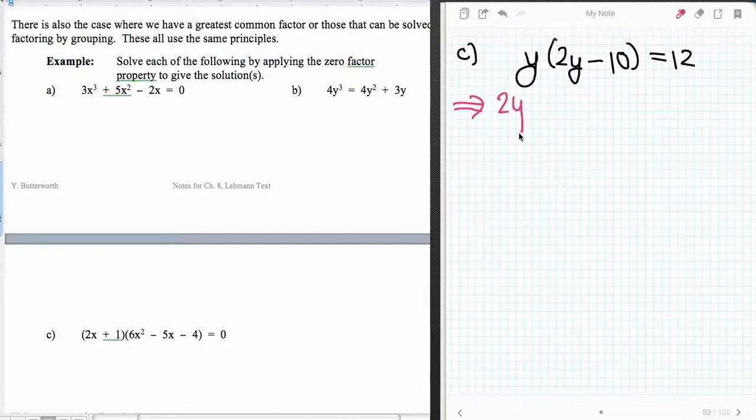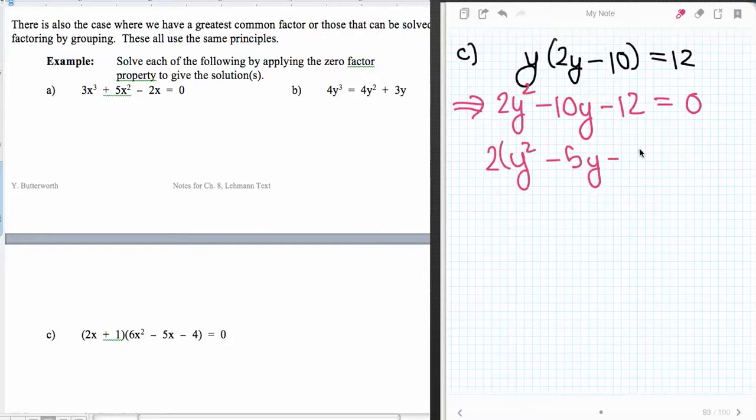So we have 2y squared minus 10y, and then minus 12 is equal to 0. And I think we did one like this before. We factor out that 2, leaving y squared minus 5y minus 6, which is equal to 0. And then we factor this polynomial here.